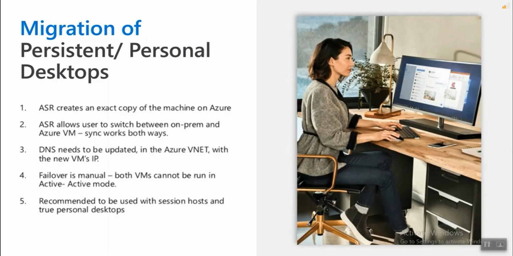What ASR allows you to do is it creates an exact copy of the VM on Azure. It allows the synchronization to be both ways. So let's say you want to try out how the user experience is on Azure. You can make the Azure VM active and let the user try it out. And if you want to continue using the on-prem environment, you can then turn on the on-prem VM to be active.